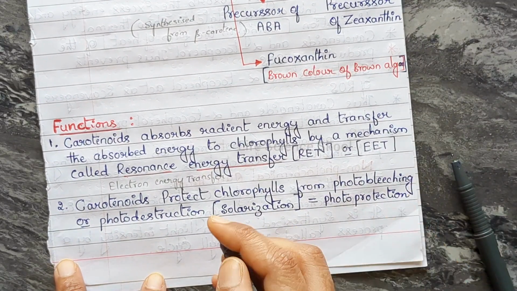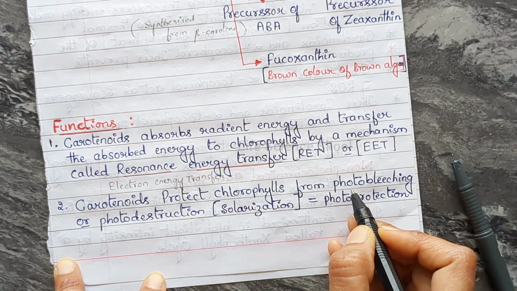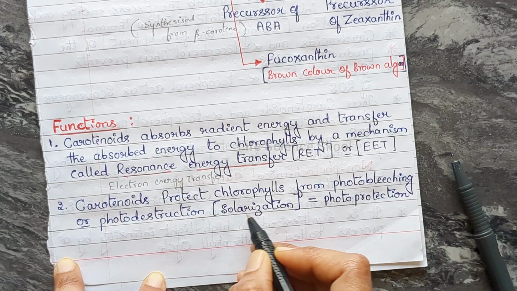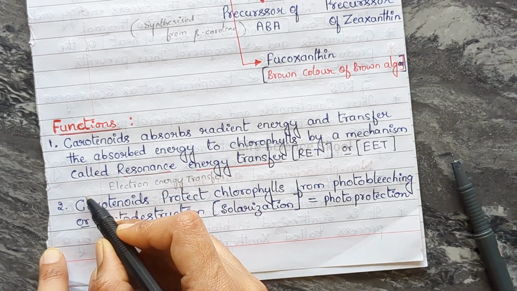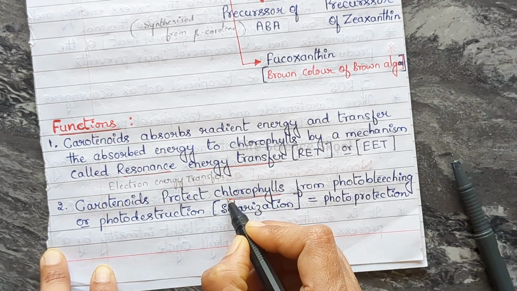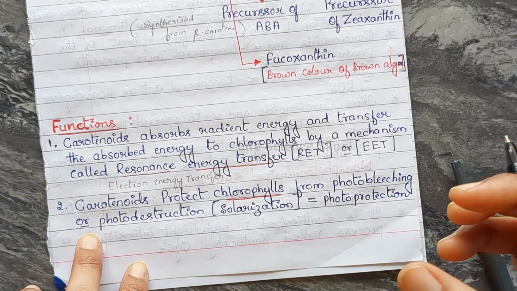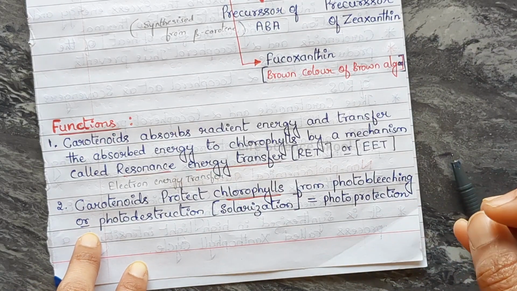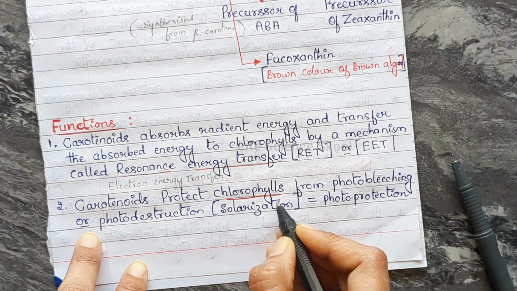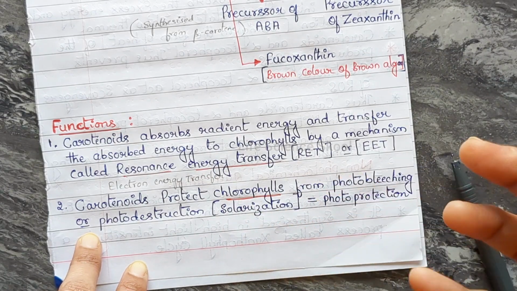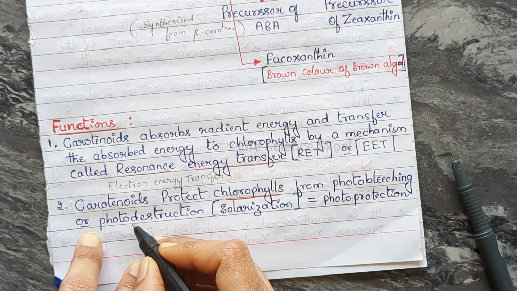Next, carotenoids protect chlorophyll from photobleaching or photodestruction, that is solarization. The main function of the carotenoids is to protect the chlorophyll, because chlorophyll is the site of photosynthesis, right? So carotenoids protect these chlorophylls, and thereby protect the plant from photobleaching or photodestruction.